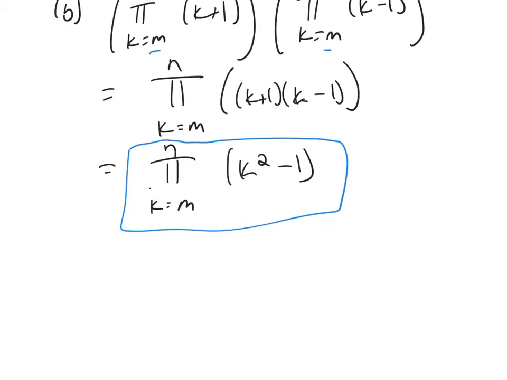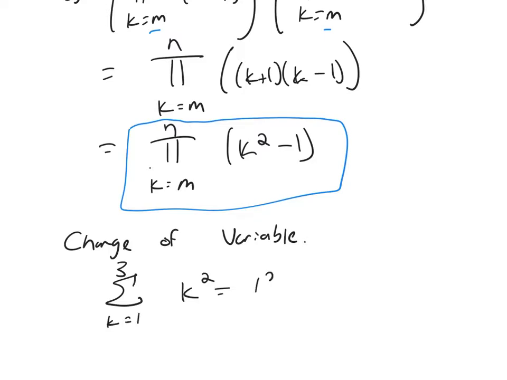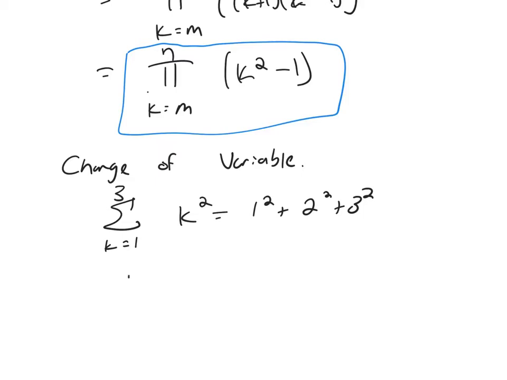All right, so now let's talk about how to change a variable on a sum or product, change of variable. So the sum from k equals 1 to 3 of k squared is 1 squared plus 2 squared plus 3 squared. And that's actually the same thing as the summation i equals 1 to 3 of i squared.